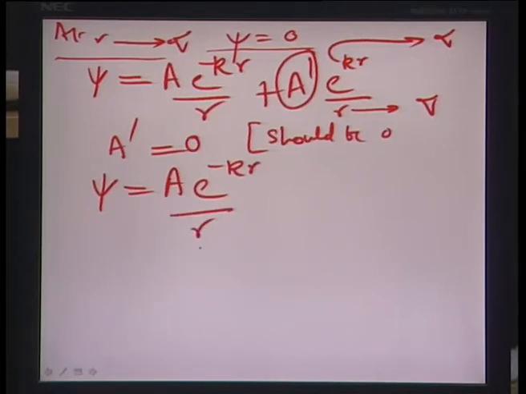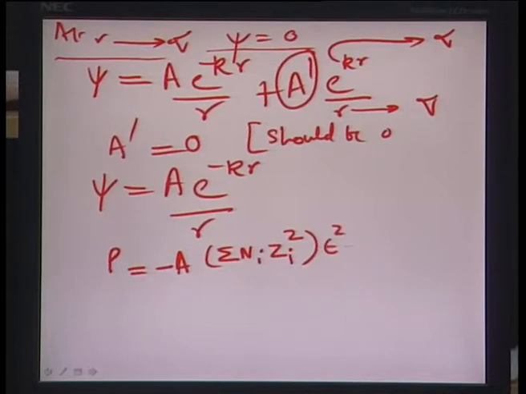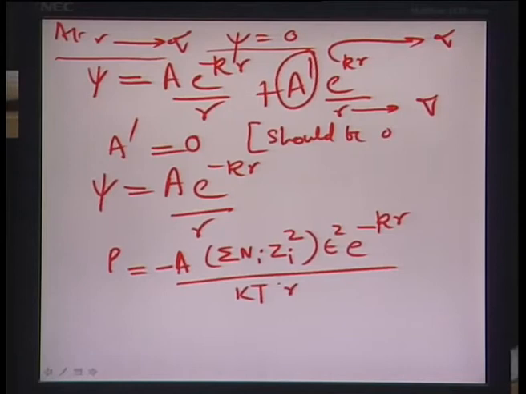And as we know from earlier, rho, essentially the charge density, is also minus a times sigma n I z I square epsilon square e to the power of minus k r by k t times r.